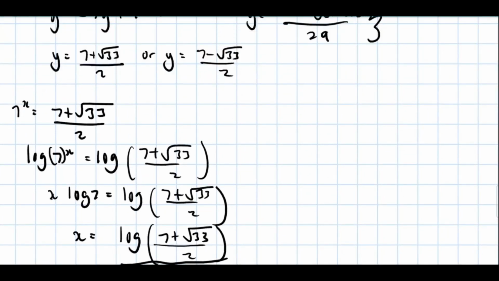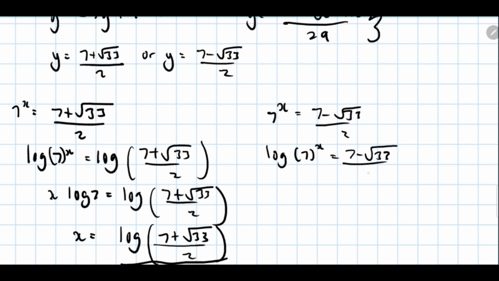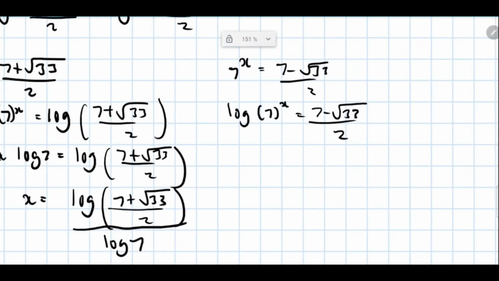So let me show you directly here. 7 to the power of x is equal to (7 minus square root of 33) over 2. We log both sides like this. Oops, sorry, give me a second, I want to rearrange my setup here correctly.